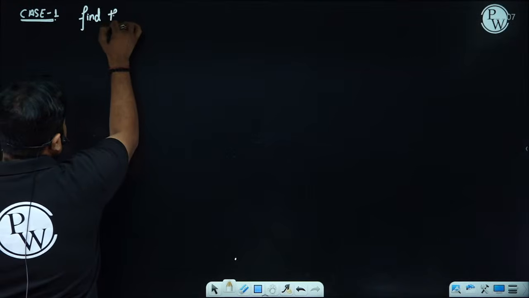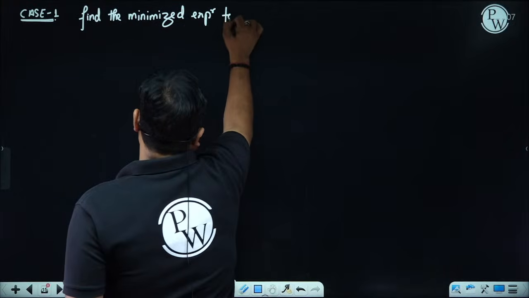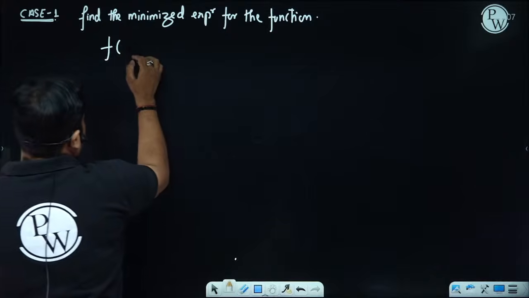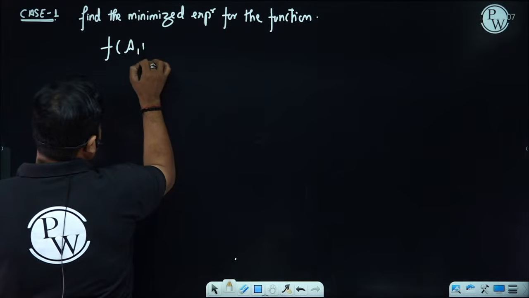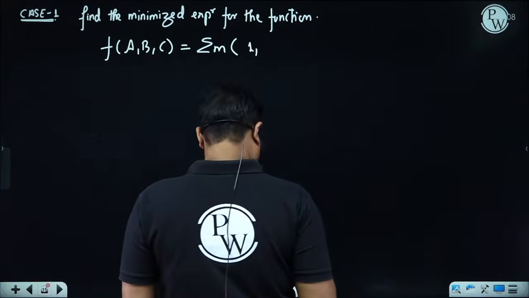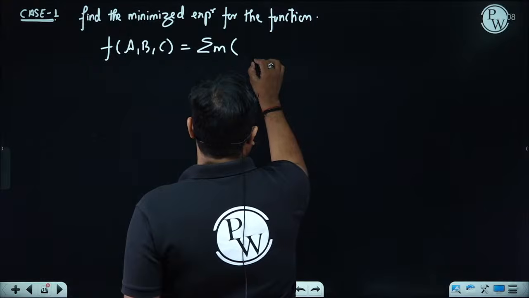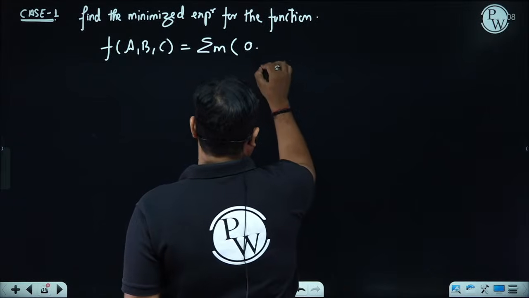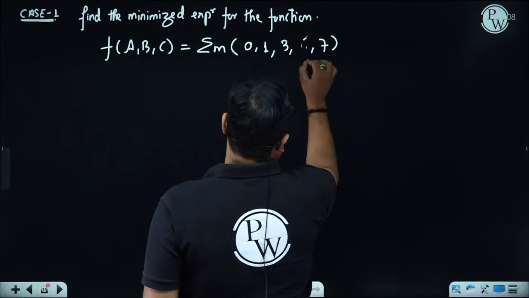Find the minimized expression for the function f of a b c as summation of m 0 1 3 6 7.